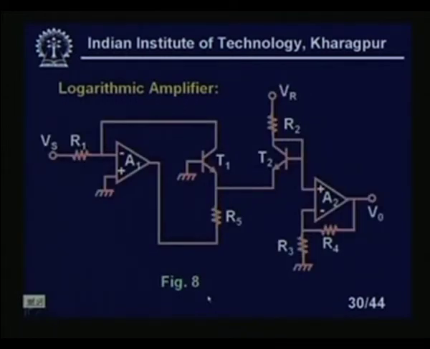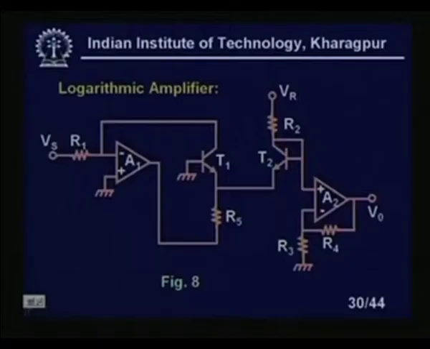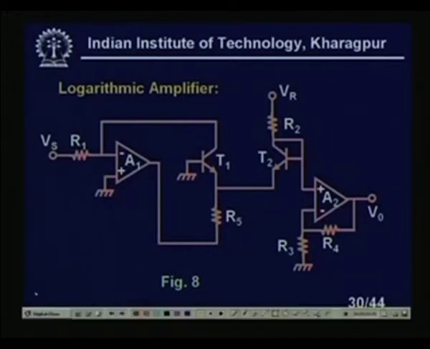Now, next we will discuss the logarithmic amplifier. A logarithmic amplifier is basically an amplifier whose output should be some constant multiplied by the logarithm of the voltage Vs. That is the function of the logarithmic amplifier, right.